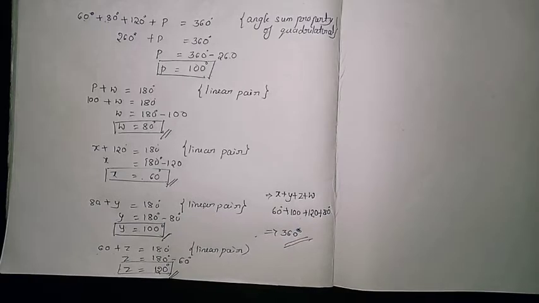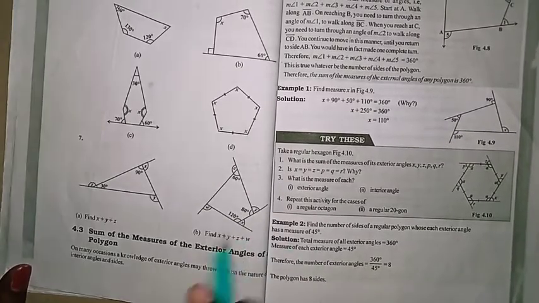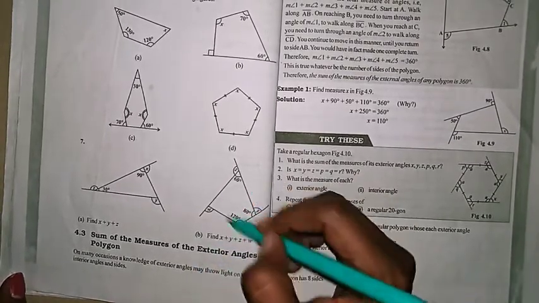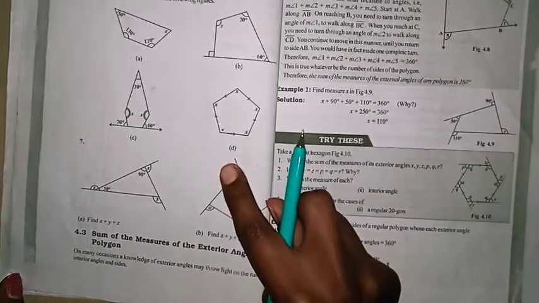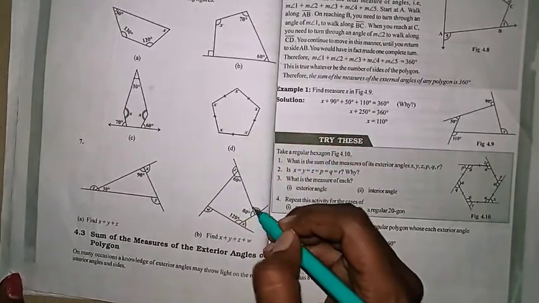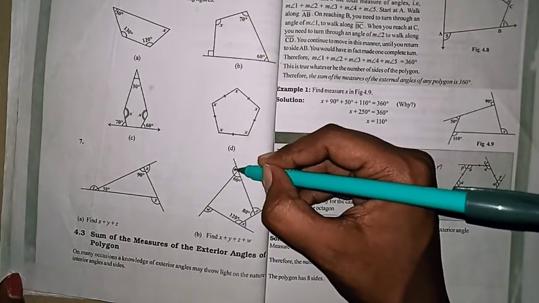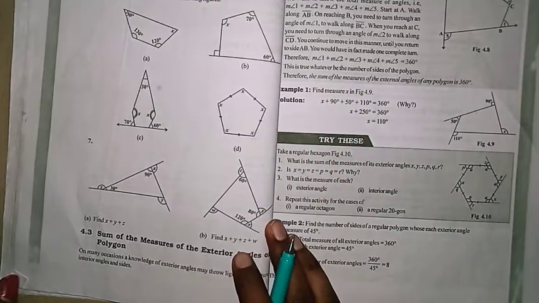Let's move towards our next concept, the sum of the measures of exterior angles of a polygon. I hope now you know what we mean by the exterior angle. The angles formed inside the polygon are called interior angles, and those formed outside the polygon are exterior angles. When the line is extended, there is a formation of one angle outside, that is called an exterior angle.